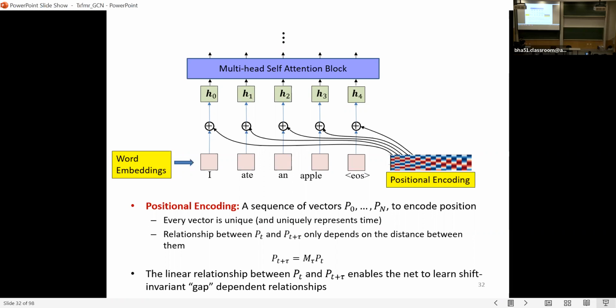Mathematically, you can say that you want your P(t + tau) to be simply a multiplier of P(t), where that multiplier is something that only depends on tau and not on t. And that's pretty much all you need.